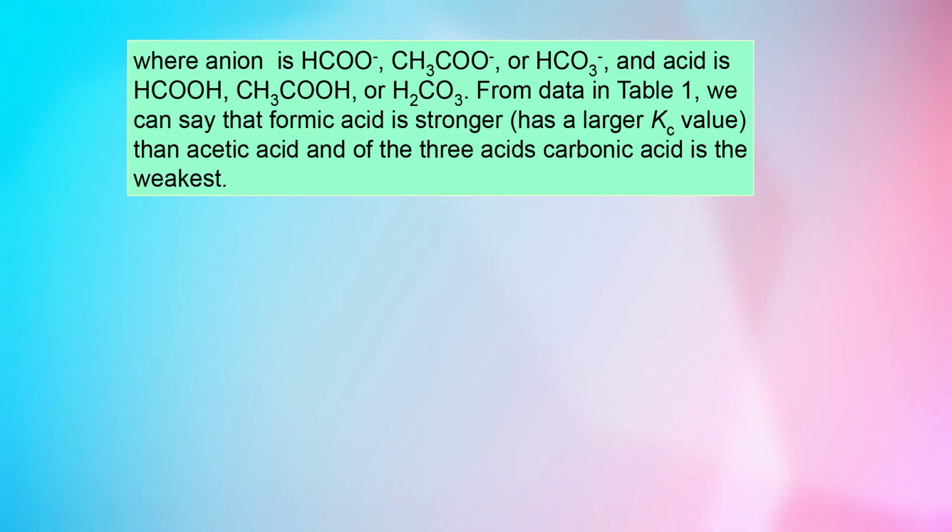The anion may be HCOO minus, CH3COO minus or HCO3 minus, and the acids will be HCOOH, CH3COOH or carbonic acid. So, formic acid is stronger, it has a larger Kc value than acetic acid, and of the 3 acids, carbonic acid is the weakest. So, from these you can quantitatively compare the extent to which the reaction is product favored.